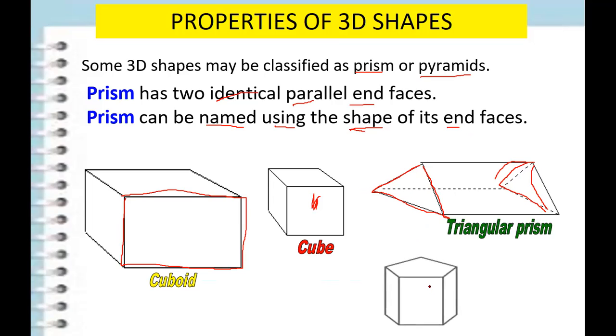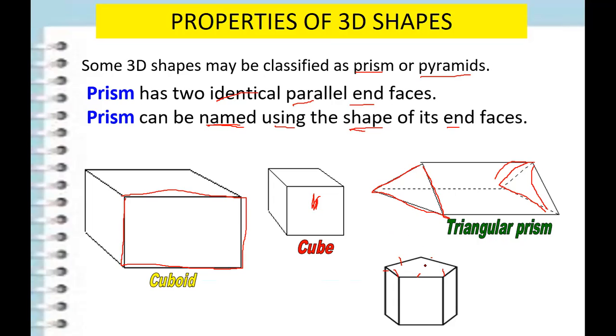Another one here. Now, the one face is named using the shape. So what is the name of this one? Let's count. 1, 2, 3, 4, 5. A polygon that has 5 sides, we call it pentagon.